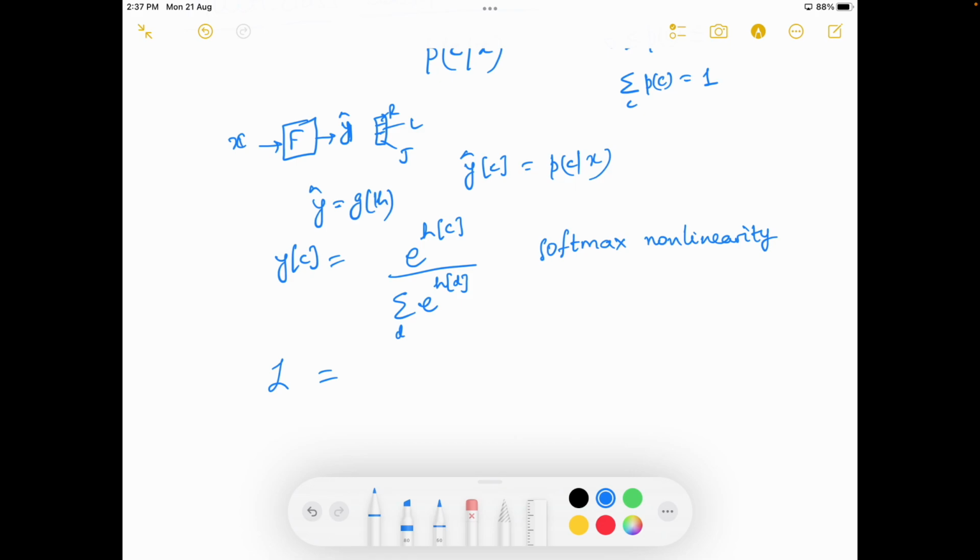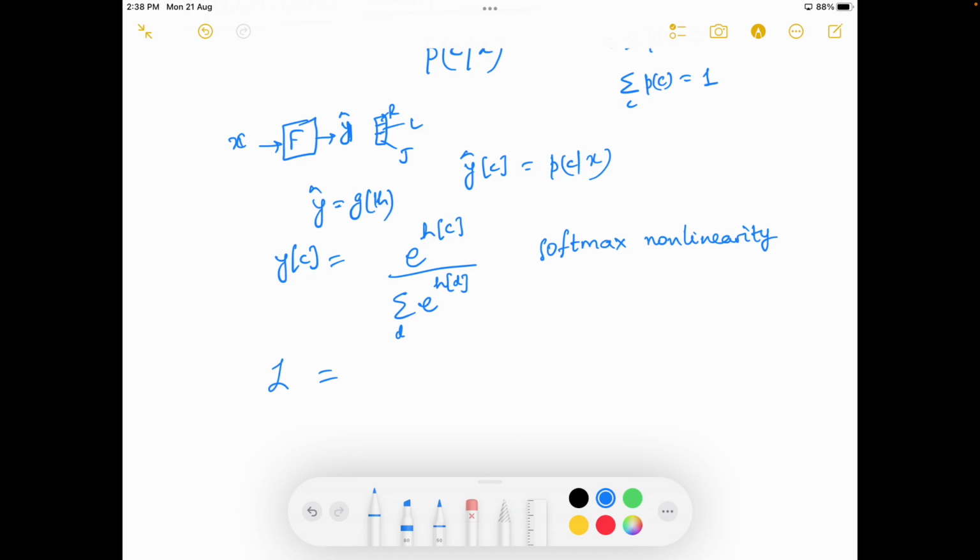Now how will you design a loss function which measures the distance between two PDFs? If it were just two real numbers, how do you measure their distance? Euclidean distance or absolute distance. But let's say you have two PDFs, how do you measure their distance? Likelihood. You have two PDFs, let's say P of x and Q of x.